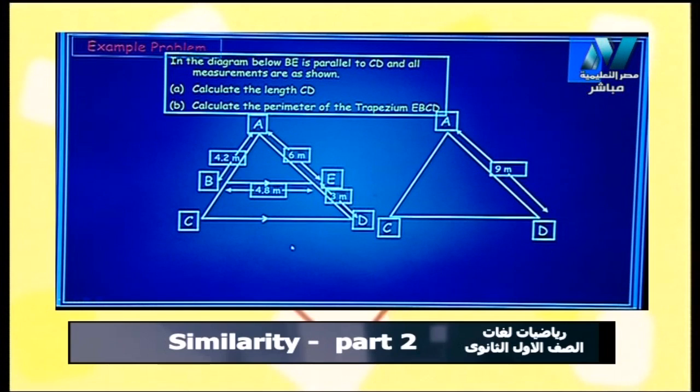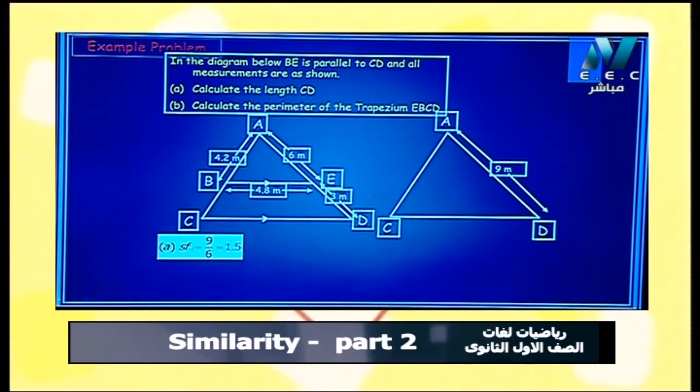We have here two triangles also, the triangle ABE and the other one ACD. This is the model of this triangle. We would like to calculate the length of CD and calculate the perimeter of the trapezium EBCD.